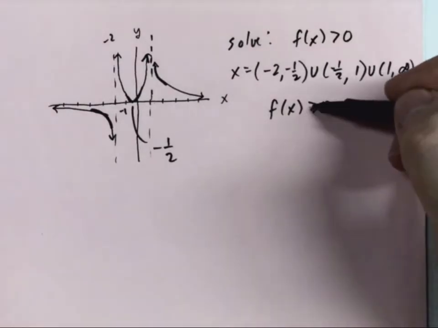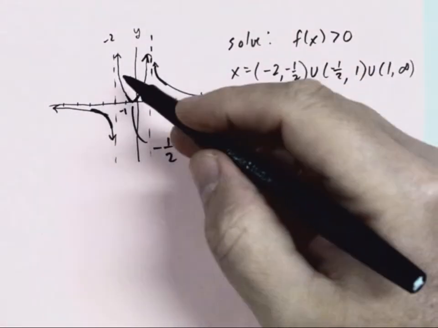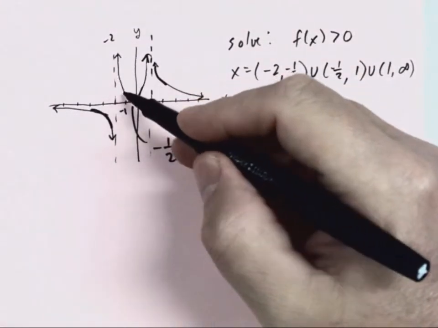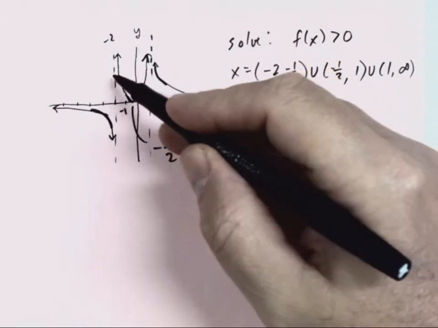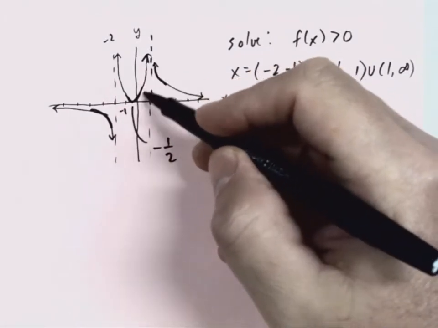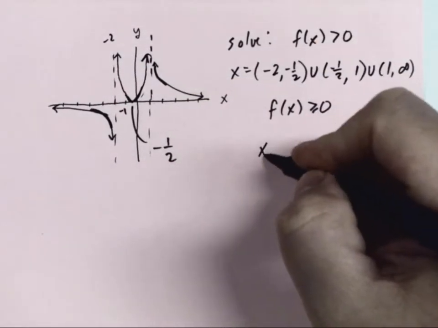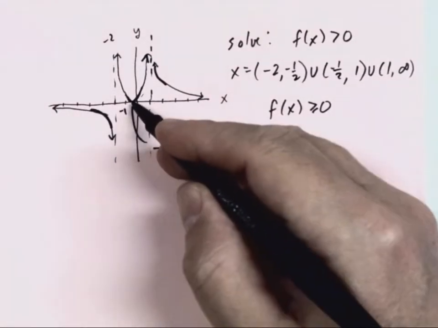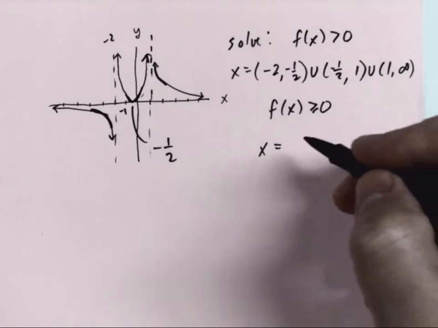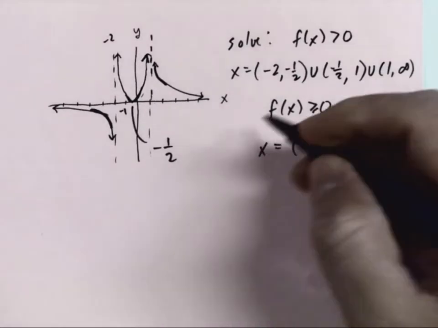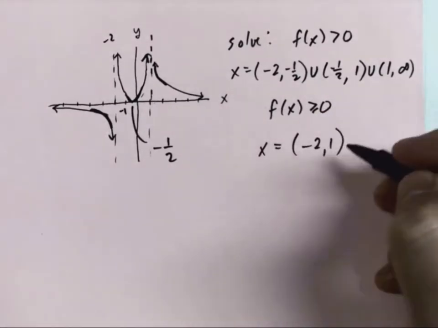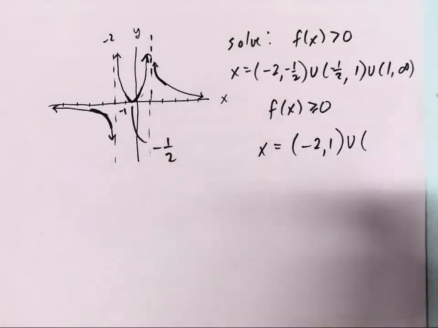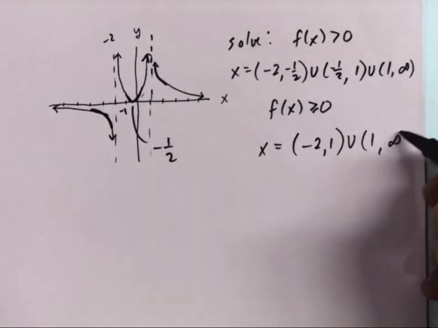Well, now, because the solution includes when the function's 0, this whole part of this graph is all the solution. So I don't have to break it up, because even though it's 0 right here, that's part of my solution. So I can say negative 2 to 1 union with 1 to infinity.